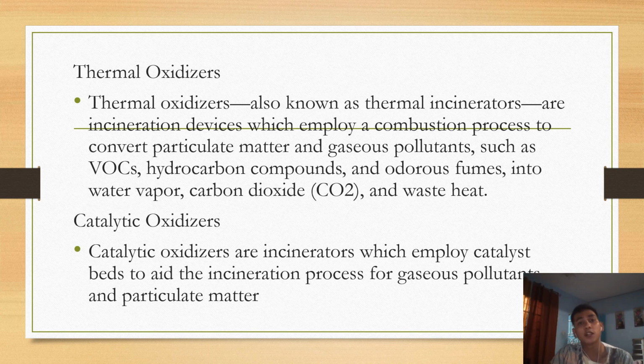Made of precious or base metal, the catalyst bed lowers the required temperatures for initiating oxidation, accelerating the process and reducing the amount of combustible compounds needed to achieve combustion efficiencies comparable to that of thermal oxidizers. Like thermal oxidizers, catalytic oxidizers are used in industrial applications to break down VOCs, hydrocarbon compounds, and odorous fumes.